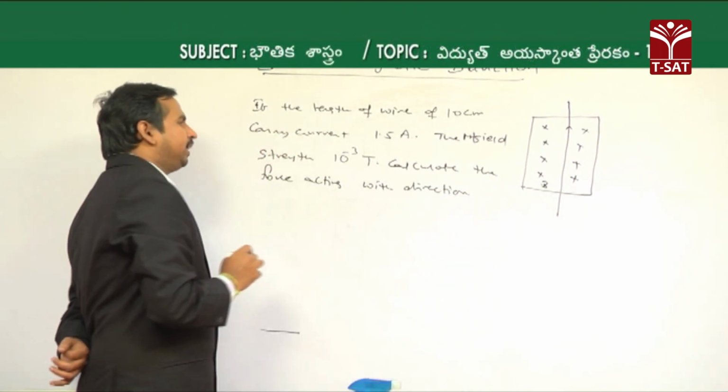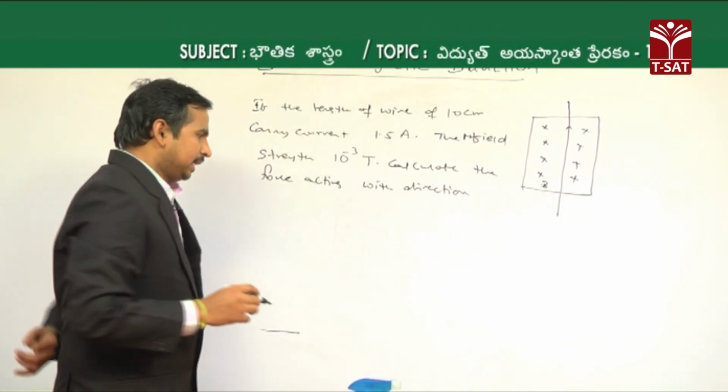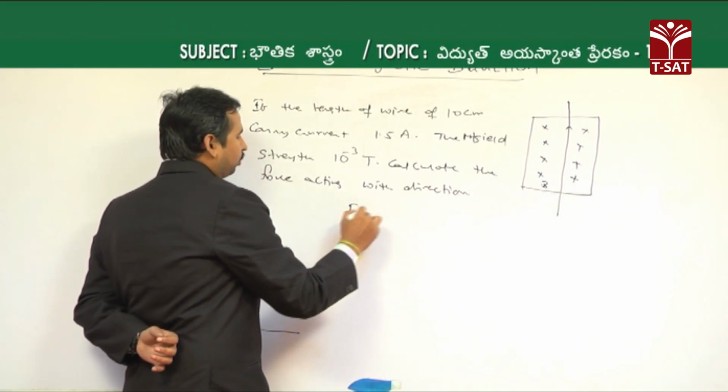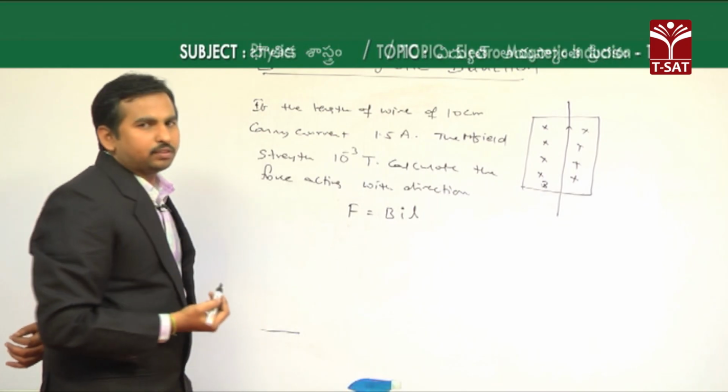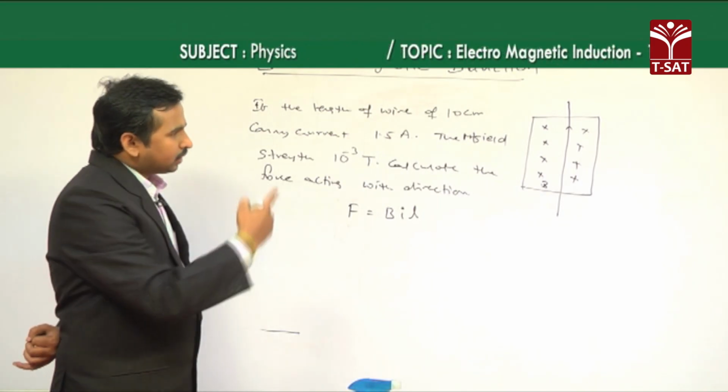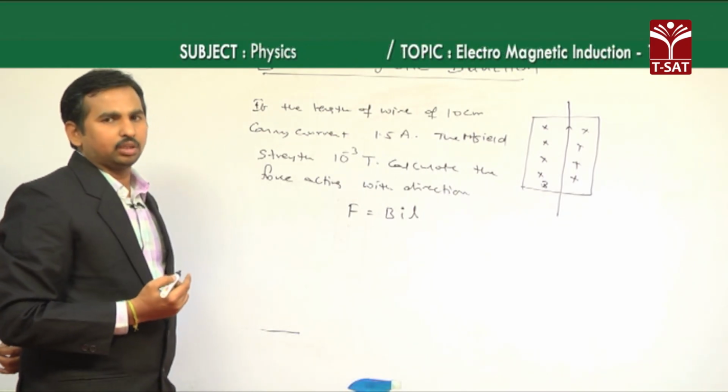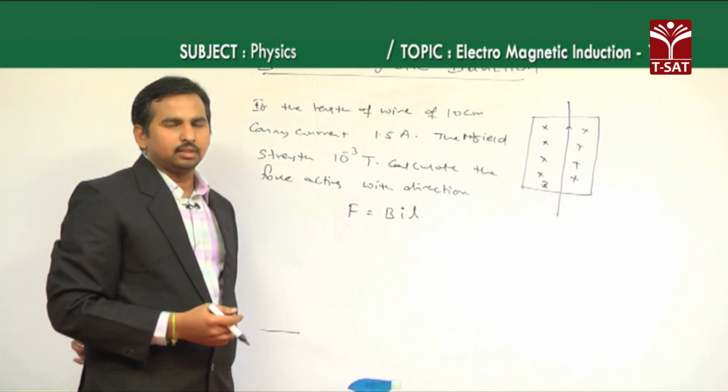Now, the formula we already know is force F is equal to B into I into L. As F is equal to BIL, because here I am taking both as perpendicular to each other, the force acting is the maximum force.